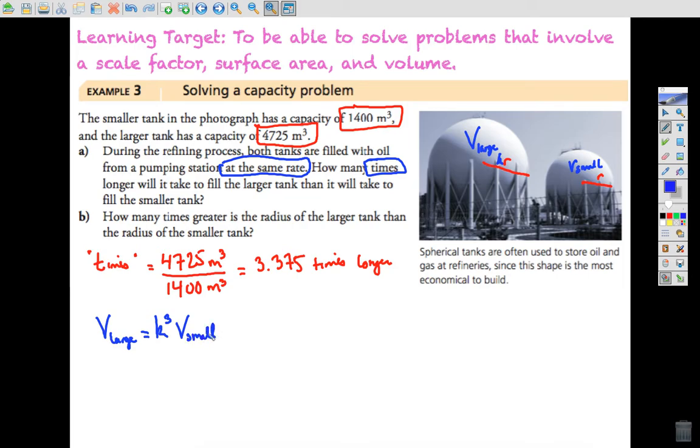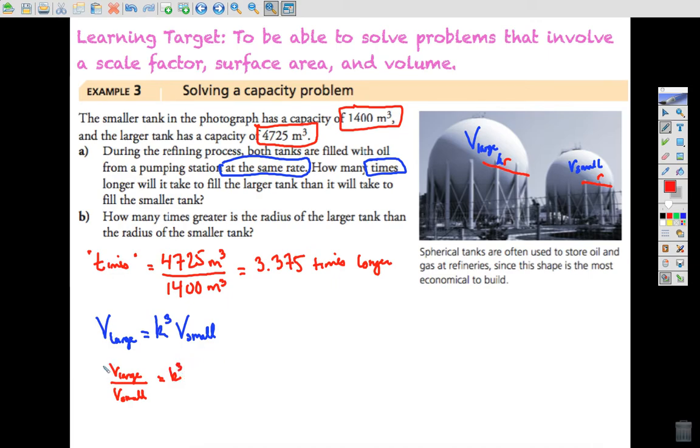And so you can see now we have volume of small over volume of large. Well, what we're trying to find is the scale factor. So we can divide both sides by the volume of the small. And what we would end up with there is volume large over volume small equals k cubed.